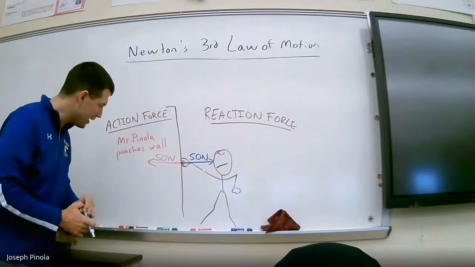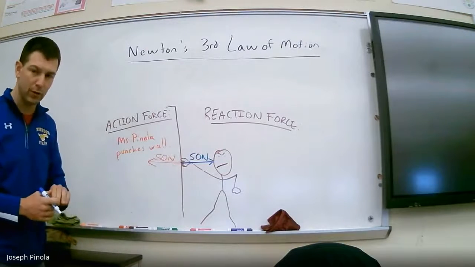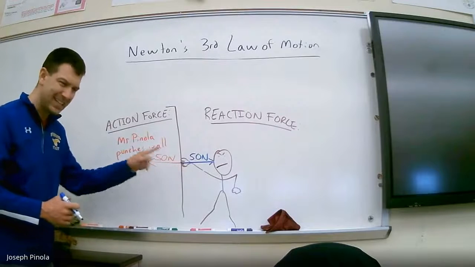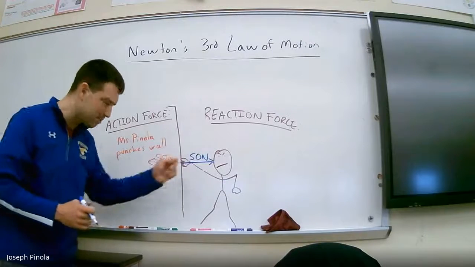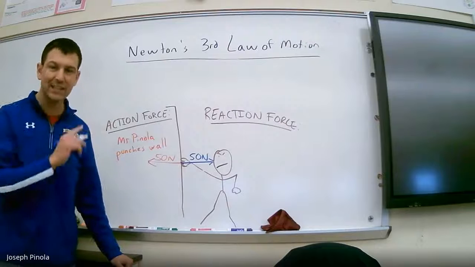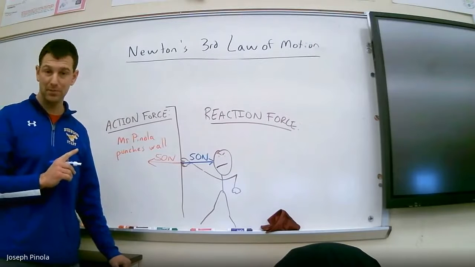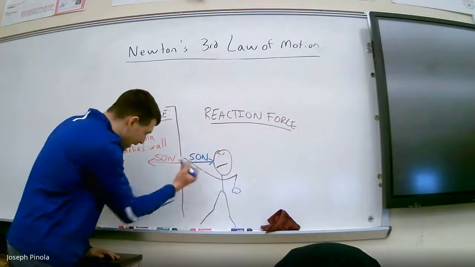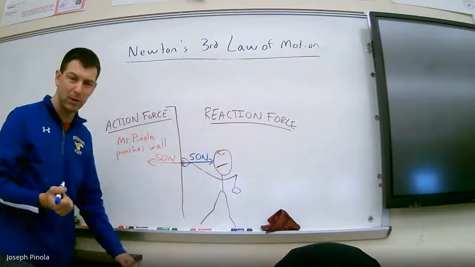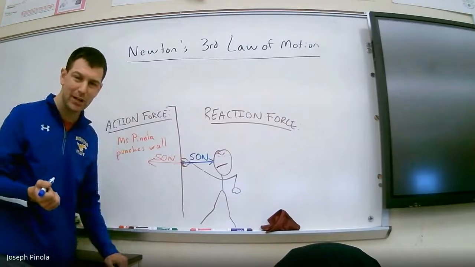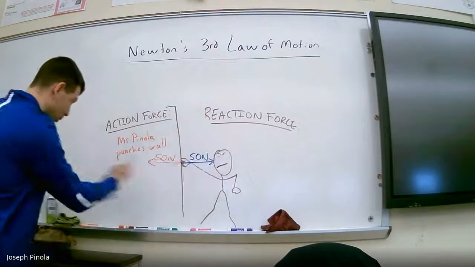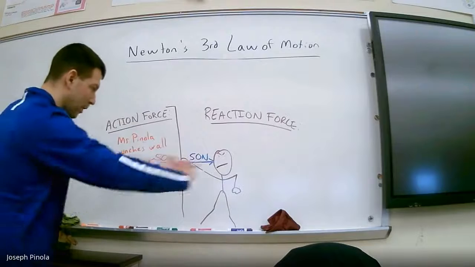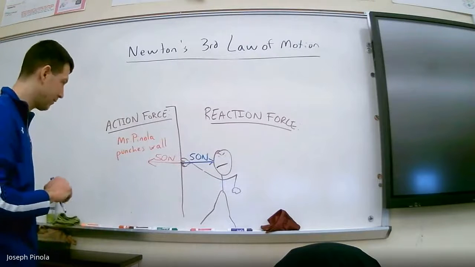So if I punch the wall with 50 newtons of force, the wall is going to punch my hand back with exactly 50 newtons of force. That's what we mean by equal and opposite. It's the equal amount of force that the wall hit me back with in the exact opposite direction. My hand punched the wall to the left, and so the wall punches my hand to the right.